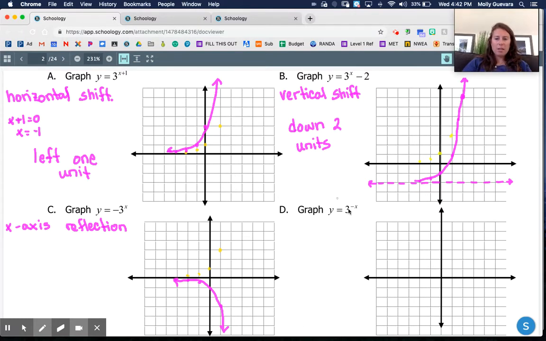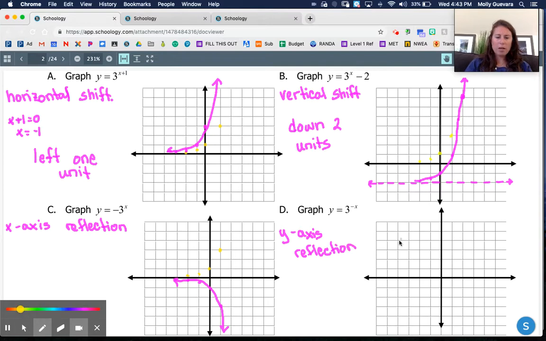Okay. And then the last one is if the negative is up top in the exponent, that's my y-axis reflection. Again, I'm going to plot the parent points. You don't have to plot the parent points. If it helps you, go for it. If it doesn't help you, then don't do it.